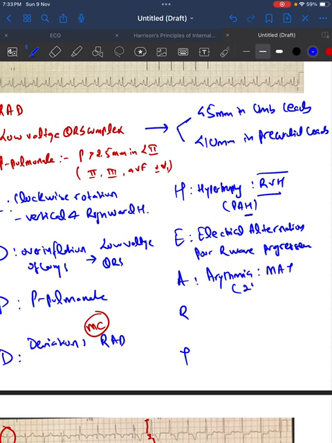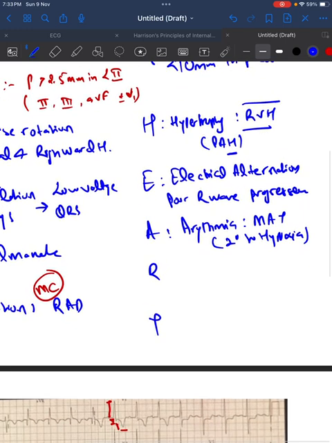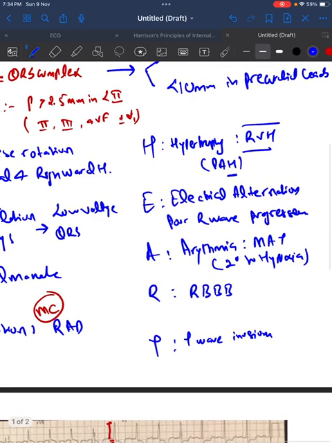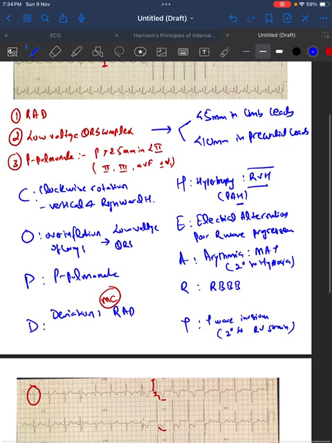It is secondary to hypoxia, and this is one of the common findings that COPD patients will present with. Then R is for RBBB. These two are the late findings or the complications. Then lastly T for T wave inversions, and these T wave inversions are secondary to RV strain. This is the mnemonic for this.